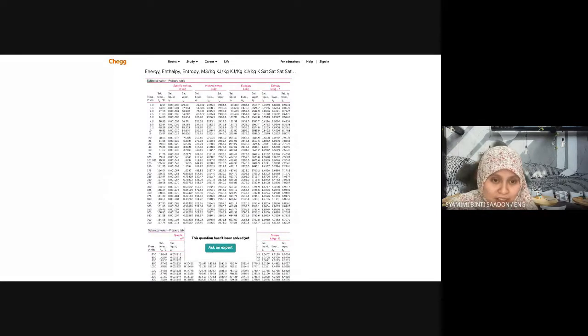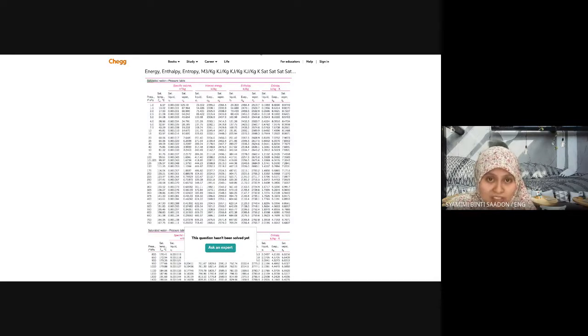Entropy is the second law, so we will learn this part after the mid-sem break. We focus first on the specific volume V, internal energy U in kilojoules per kilogram, and enthalpy H. You can see each of these values, internal energy and enthalpy, has three different values for different phases.